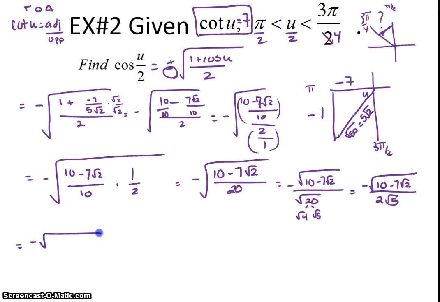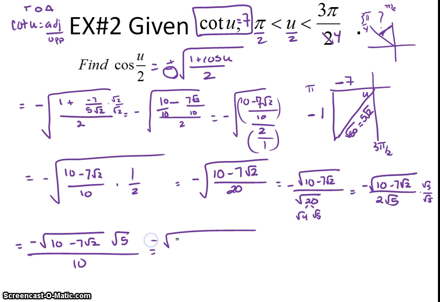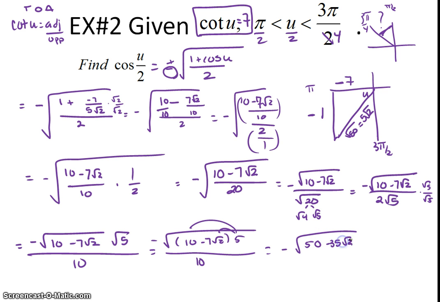So it's negative square root of 10 minus 7 root 2 times root 5, all over, if I multiply the top and the bottom by root 5, root 5 times root 5 becomes 5, times 2 is 10. And remember, when you have two things multiplied, that can be all under 1 square root. 10 minus 7 root 2 times 5, because I'm bringing it all under 1 square root, all over 10. And you can distribute this 5: the square root of 50 minus 35 root 2 all over 10.